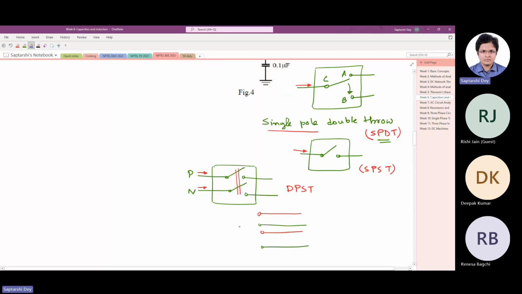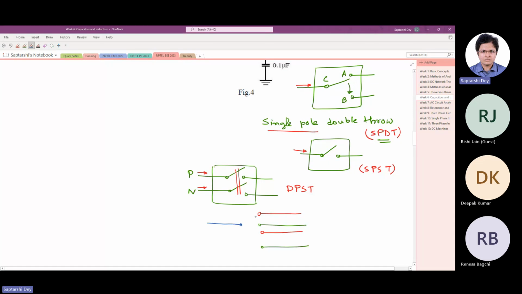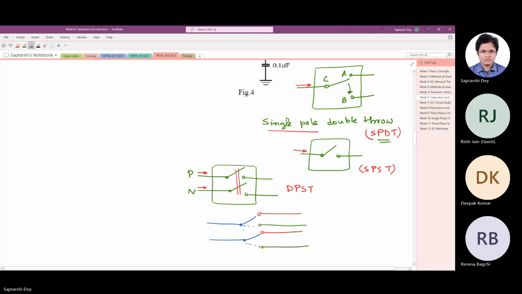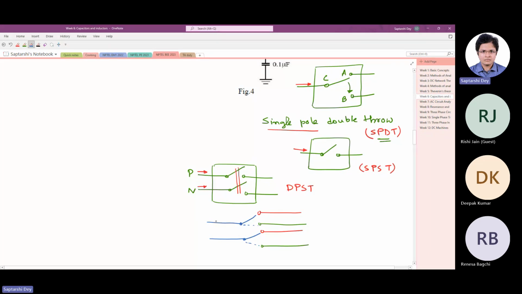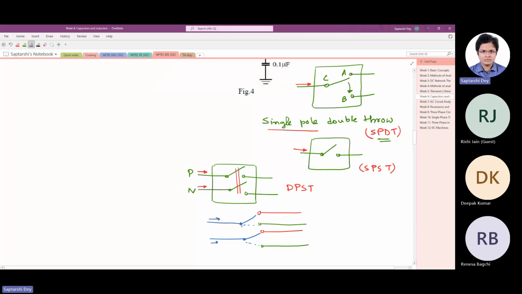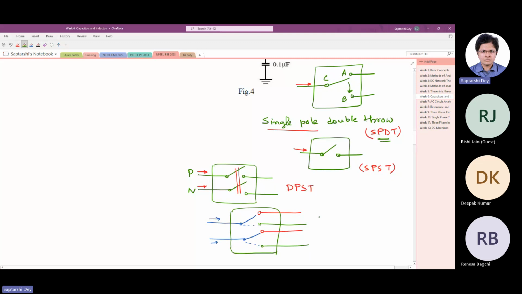So the switch that comes, the blue one, it can either be connected to red or it may be connected to green like this. So it is also double pole because two paths of currents are there, but it has two meaningful throws. Right? It can either let the currents go through the red wires or through the green wires. So it's a double pole, double throw switch.